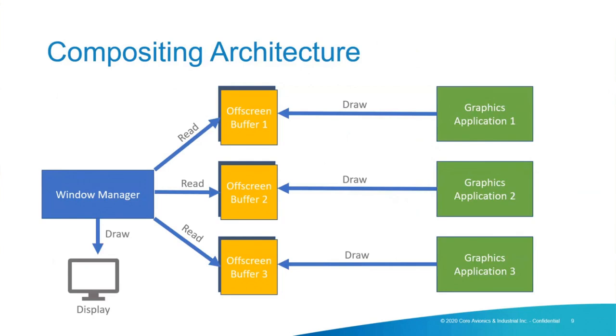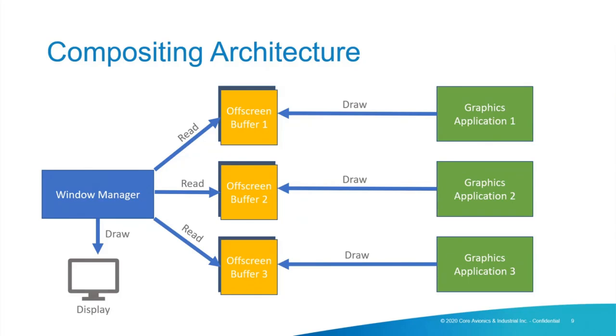So to hopefully get it more into your mind, here is the kind of architecture we're talking about for applications. In the compositing system, each graphics application that is rendering off-screen has an off-screen buffer associated with it. That off-screen buffer is shared between the compositor or window manager application and the graphics application. No other application on the system can access that off-screen buffer.